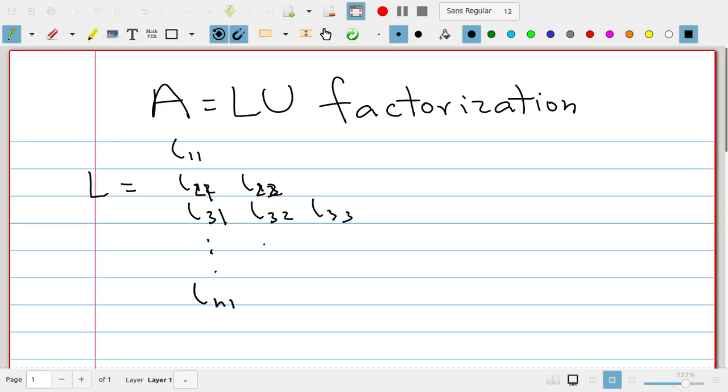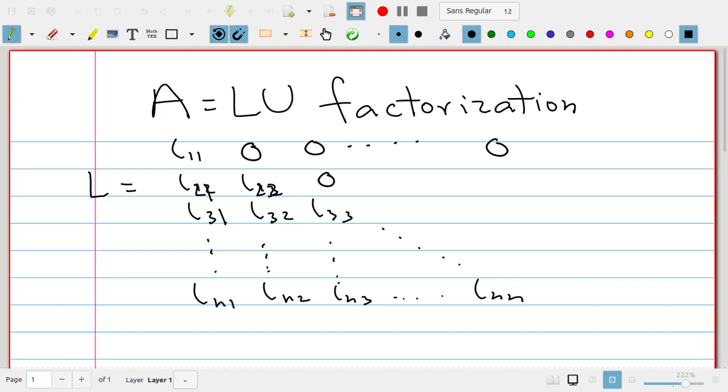So L is an n by n matrix, and the rest of the entries are 0. So the entries above the main diagonal are all 0.